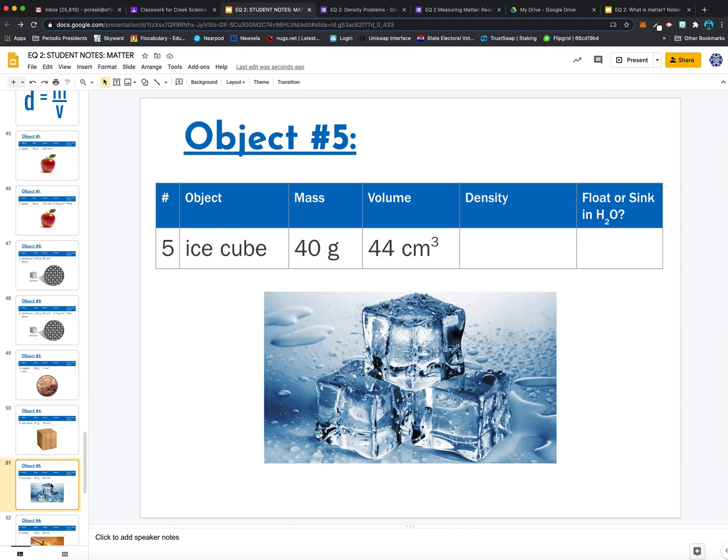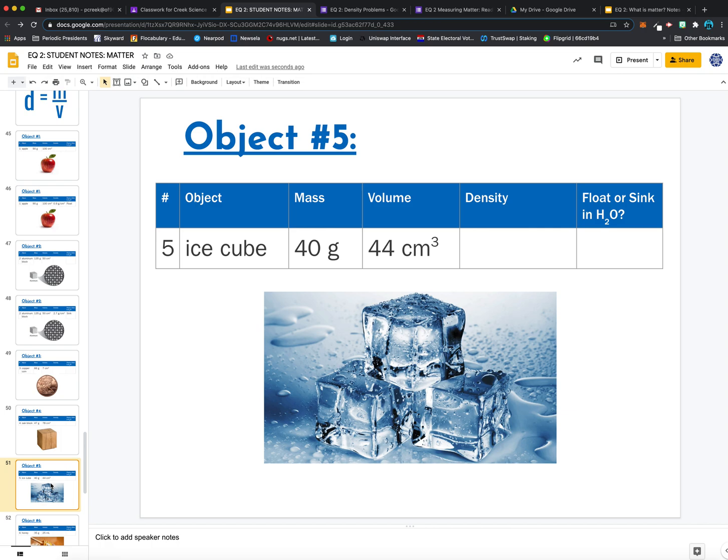Okay, number 5 on our assignment today of density problems is an ice cube. Its mass is 40 grams. Its volume is 44 cubic centimeters. Go ahead, calculate the density. Make sure you have the correct unit, which would be grams per centimeter cubed or grams per cubic centimeter. And then go ahead and say if it floats or sinks in water.